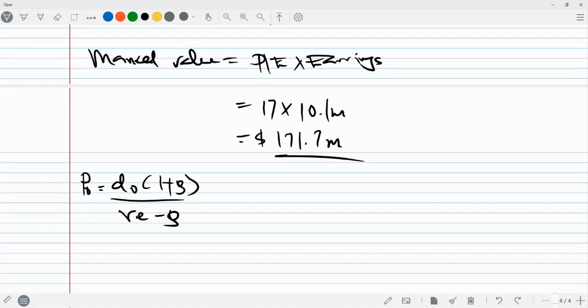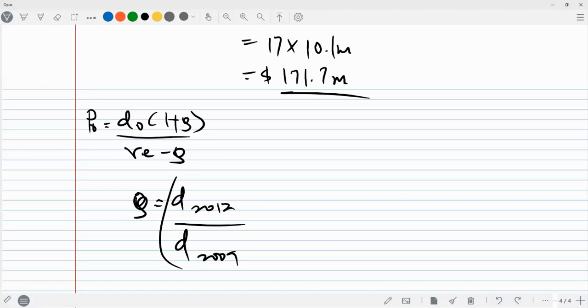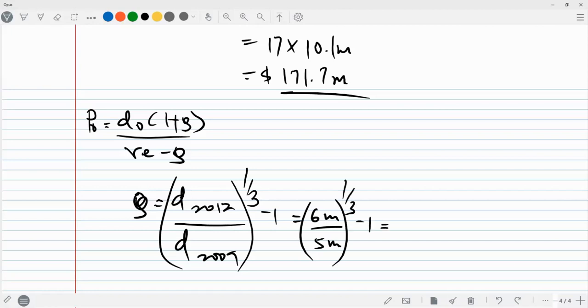So G is equal to D 2012 divided by D 2009, to the power of a third, minus 1, since there are 3 years of growth. Therefore, this is 6 million divided by 5 million, to the power of a third, minus 1. How much is the growth in the dividend if you use the historical growth?